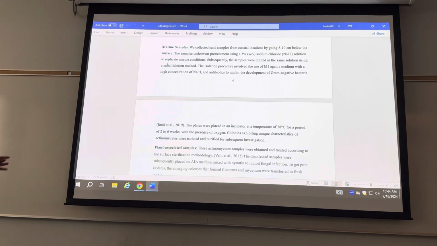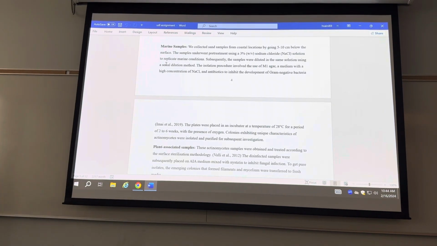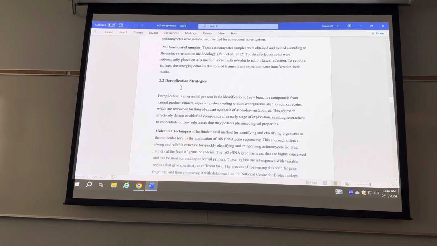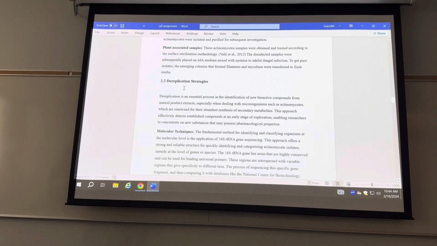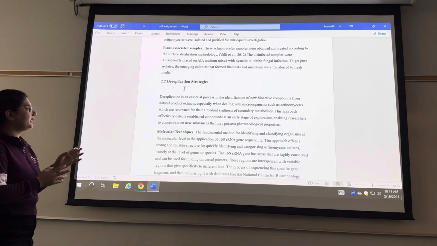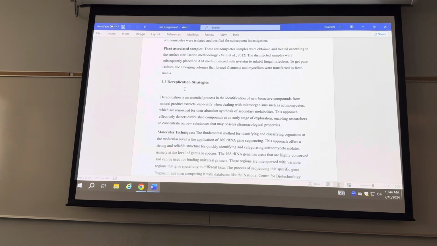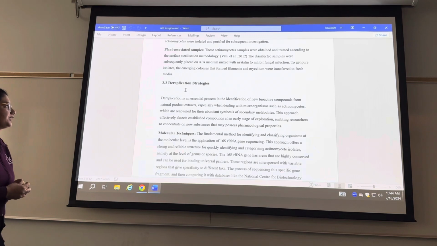Next is our plant-associated sample. In this we have used certain sterilization techniques. The samples were firstly disinfected so that we are able to get pure colonies. The disinfected samples were placed on AIA media mixed with nystatin.